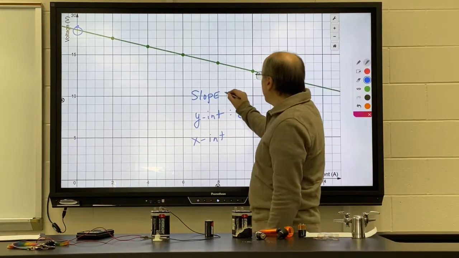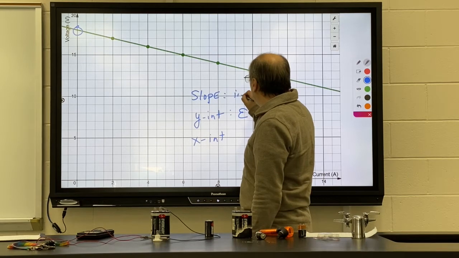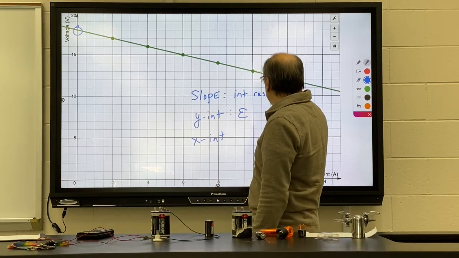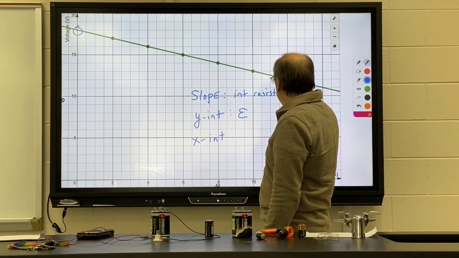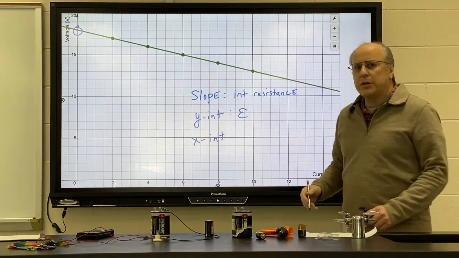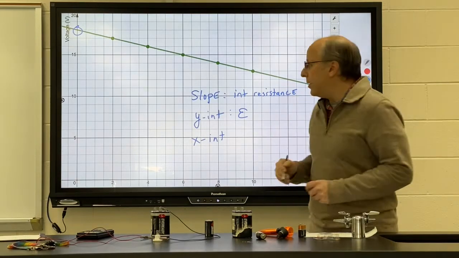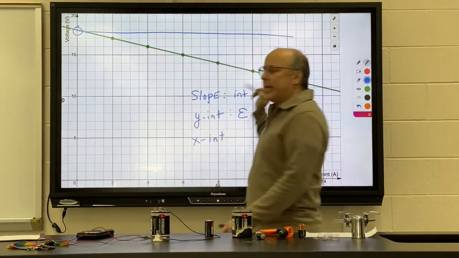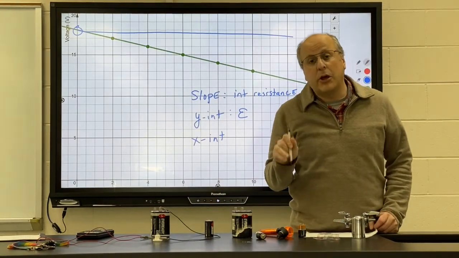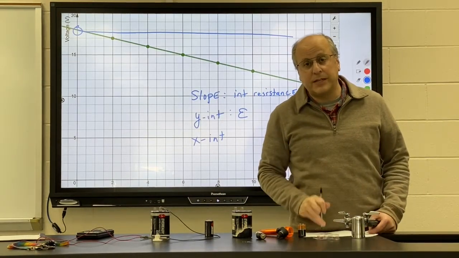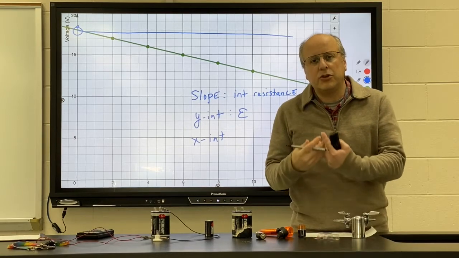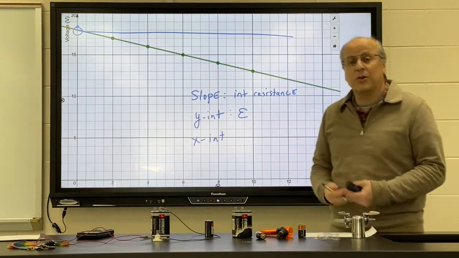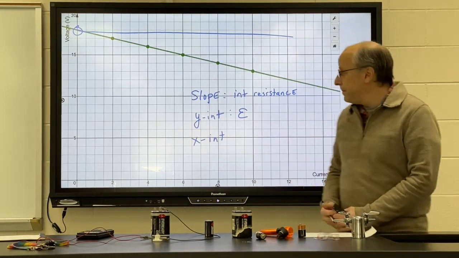The slope of your graph is called the internal resistance of your battery. You want that number to be as small as possible. You want that slope to be as close to 0 as you can get it. The bigger that slope is, the bigger that internal resistance is, the less you're going to be able to get from your battery, and the more energy you're going to waste inside the battery.